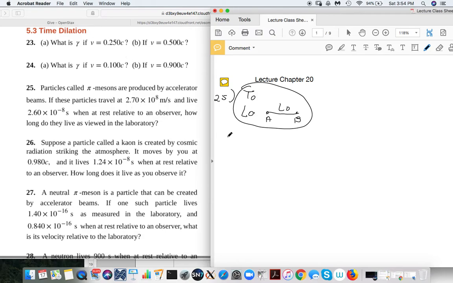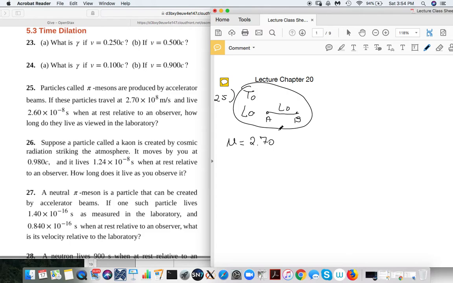You have this particle produced by an accelerator, and these particles travel at a speed. The speed is always going to be the same. The velocity relative to inertial frames is seen as the same regardless of whether you are in one or another rest frame.